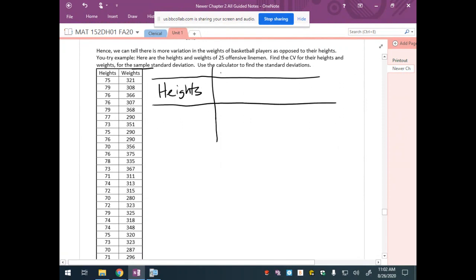We're going to use sample. So we'll round everything to 2 decimal places. Your job is to figure out these statistics, and then use that to calculate.